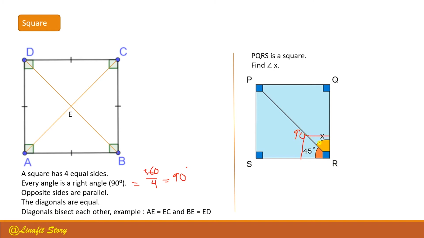So to get X is 90 divided by 2 is equal to 45 degrees. Therefore, X is equal to 45 degrees.